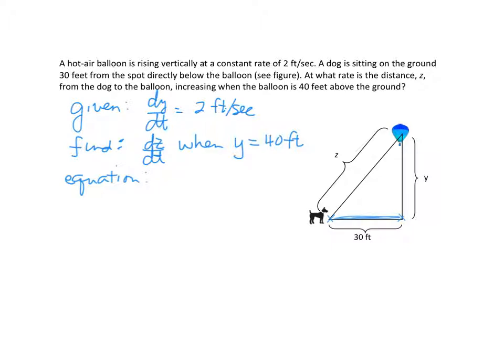So we need an equation that relates y and z. And since we have a right triangle and z is the hypotenuse and y is one of the legs, let's use the Pythagorean theorem. So 30 squared plus y squared equals z squared. We can clean that up a little bit, right? Because 30 squared is 900.